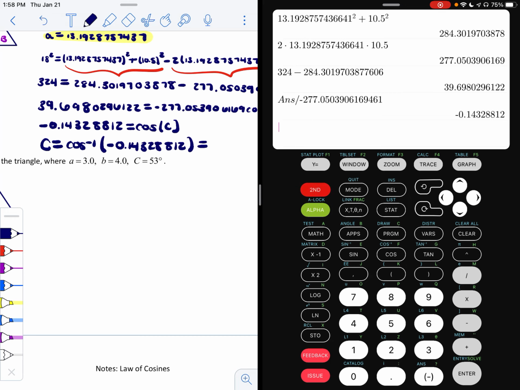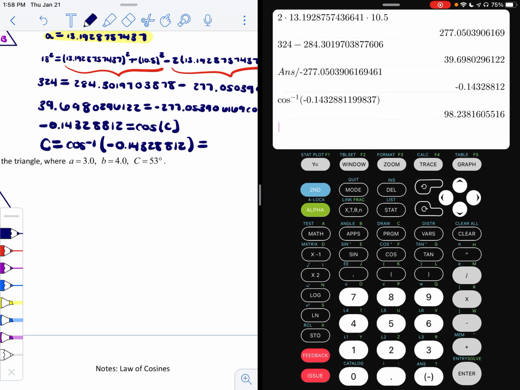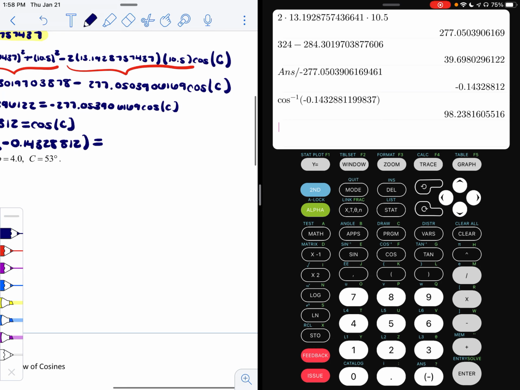If we do second cosine of that number, we get angle C is equal to 98.23816055516 degrees.